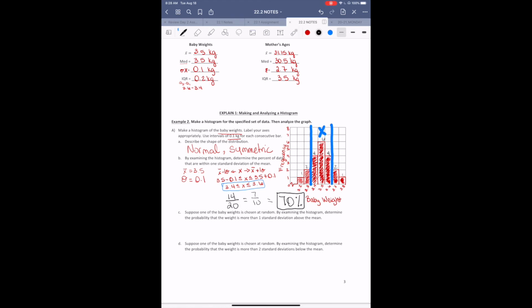So what does this mean? It means that 70% of our data falls within 1 standard deviation of the mean. Okay.